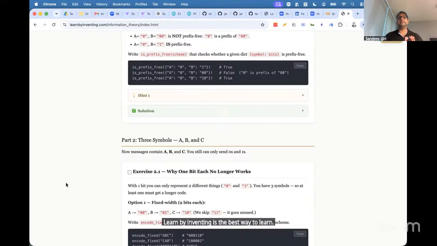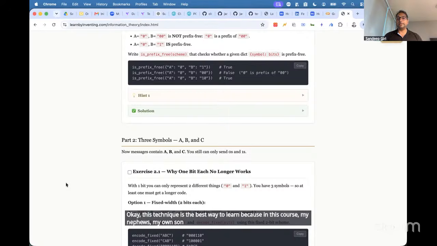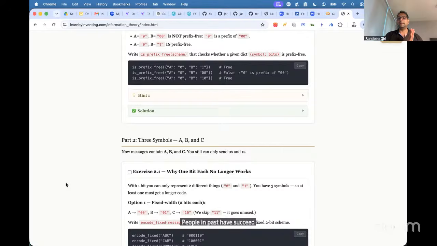My nephews, my own son, everybody has joined this course. And this is the only way I find that people have succeeded: by learning in a new way where you don't memorize the formula.